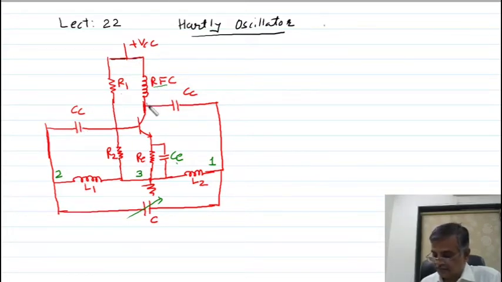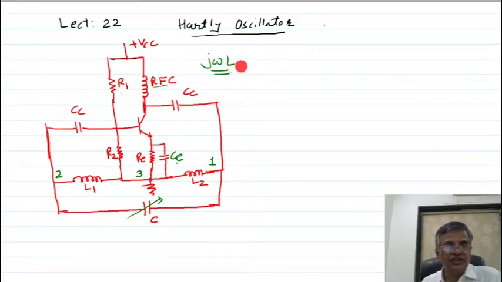VCC is connected to the radio frequency choke. This is used to prevent a large value of AC current at the resonance frequency from reaching the power supply. The reason is that the radio frequency choke has a reactance of j omega L. Since your frequency is high, when high frequency is produced, omega is high.